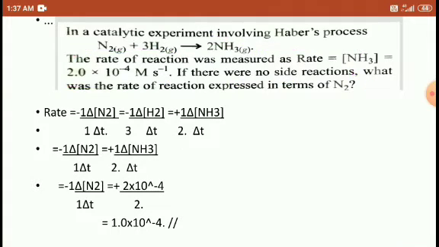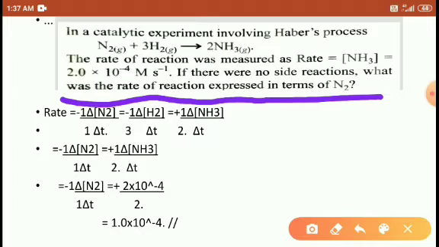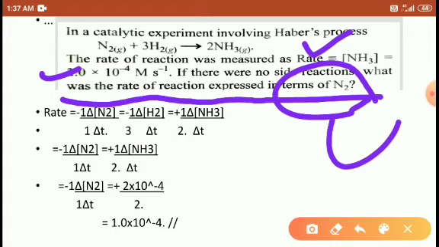So what is the rate of reaction expressed in terms of nitrogen? The ammonia rate is mentioned here as 2.0 times 10 to the power of minus 4, right? So what is the rate of nitrogen for the preparation of this ammonia? You have to find it here.